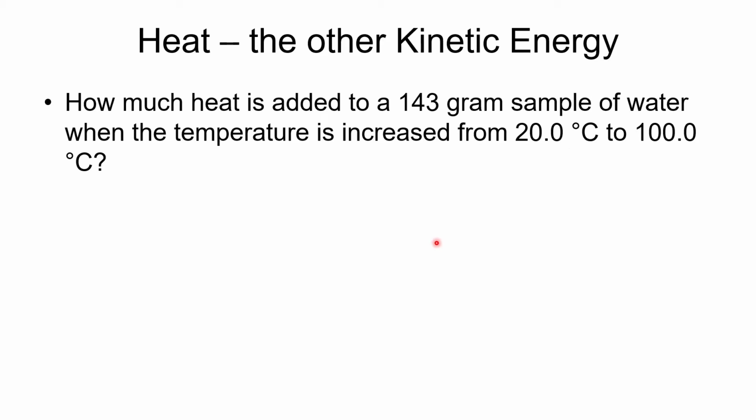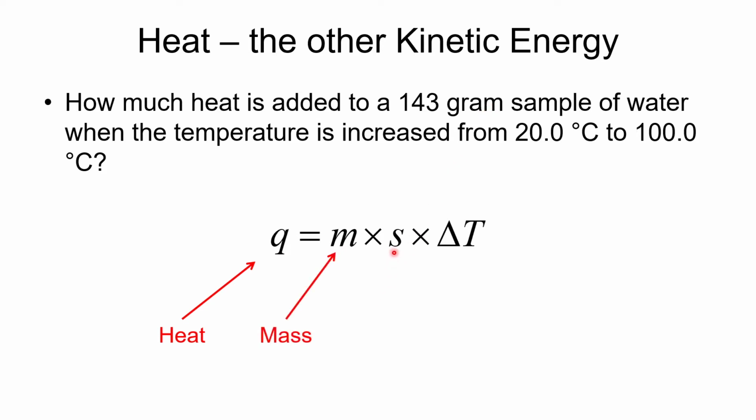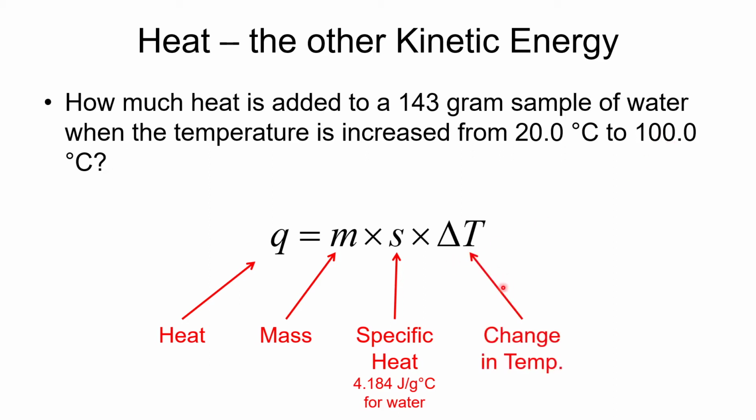To do this, we're going to need an equation, where Q is the heat, m is the mass of the water, s is the specific heat of the water, which for water averages out to 4.184 joules per gram degree Celsius, and delta T is the change in temperature. Here it went from 20 to 100 degrees Celsius, so delta T in this case is going to be 80.